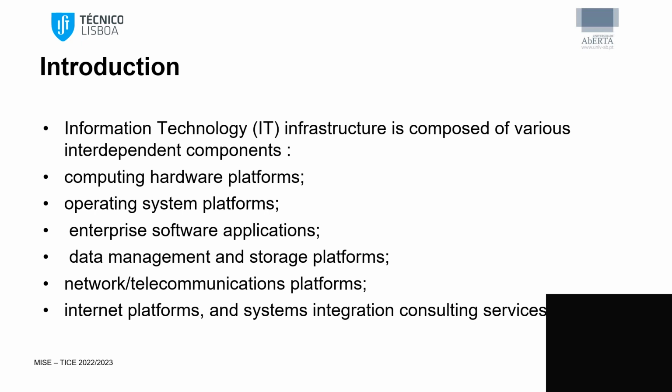Effective management of these components is critical, ensuring the efficiency and effectiveness of an organization's IT infrastructure, allowing it to process large amounts of data and meet business needs in real time. In this introduction, these critical components of IT infrastructure are highlighted as integral to supporting modern business operations.